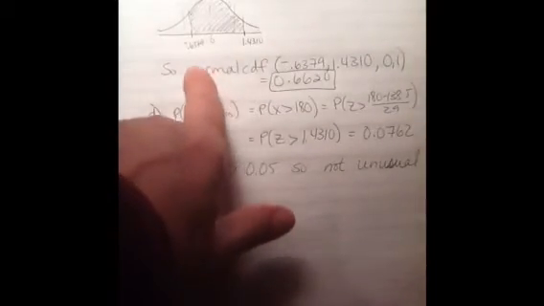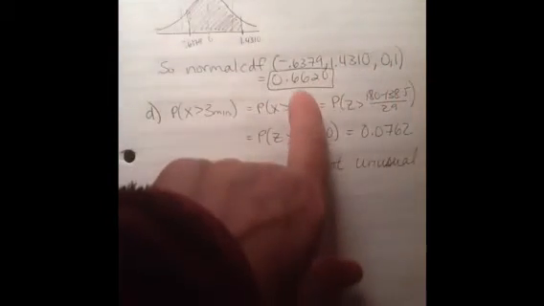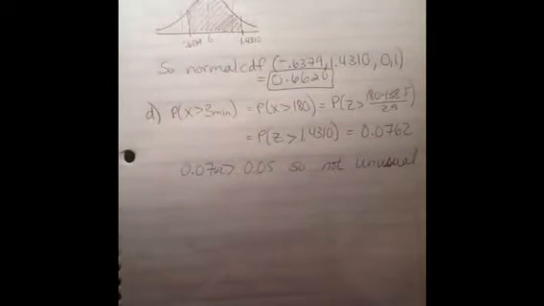So I draw what I'm looking for, and I want to know what this area is. So I do a normal CDF between these two z-values, 0 and 1, and I get the probability to be 0.6620.